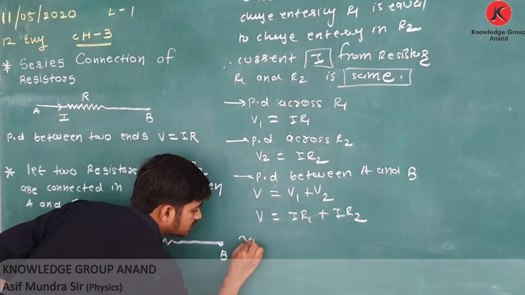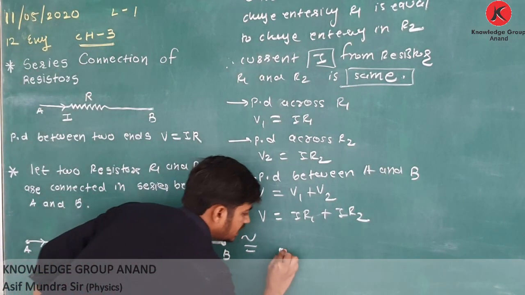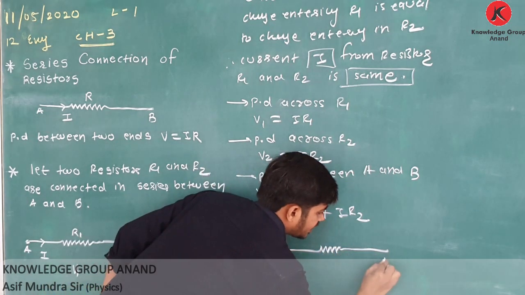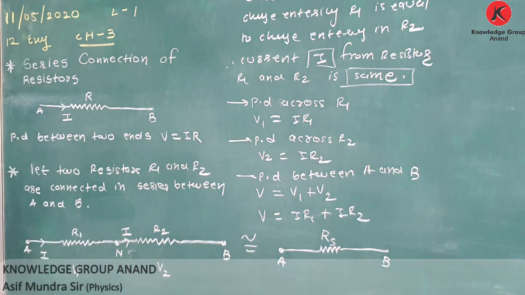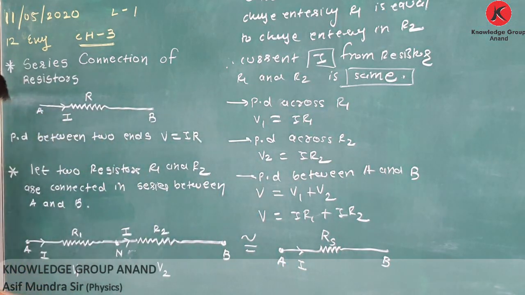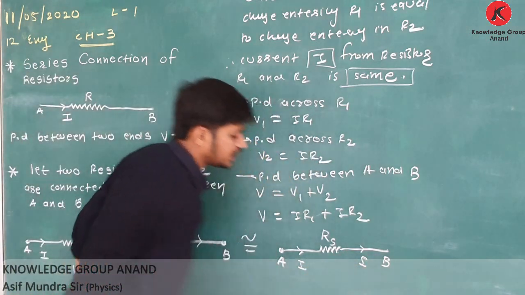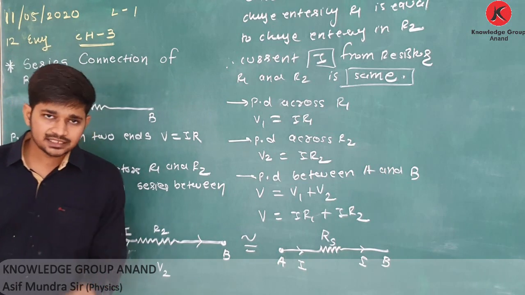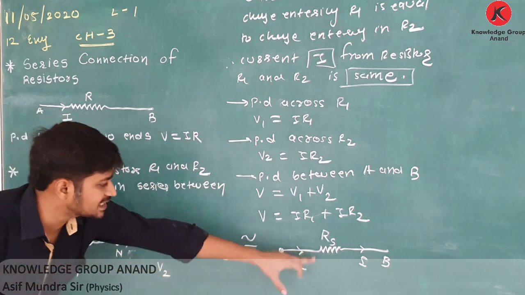Suppose I want the equivalent resistance between A and B. Let equivalent resistance be RS. RS means series connection. What is current flowing from A? It is I. What is current coming to point B? It is also I. Clear about this? Then see what we want to do. We want to find equivalent resistance between A and B. It is its equivalent circuit.